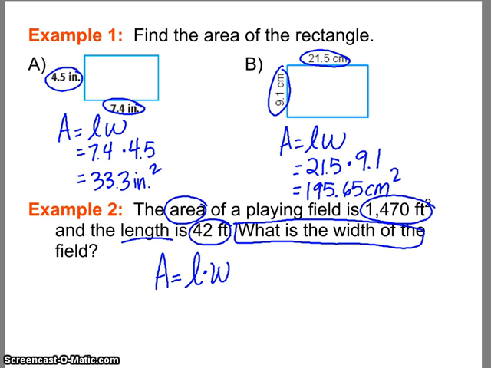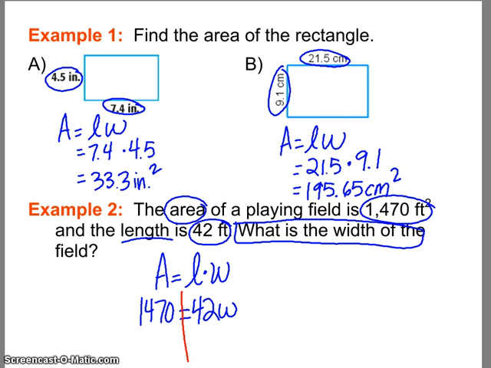Now this time we know that the area is 1,470. Do we know the length? We do know the length. It is 42. Do we know the width? We do not know the width, so we'll use our variable of W. And we use our equation steps.